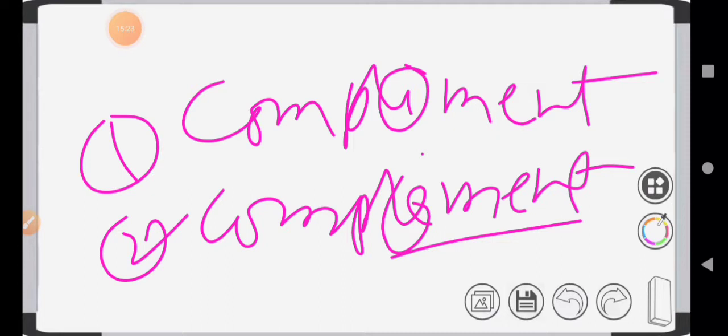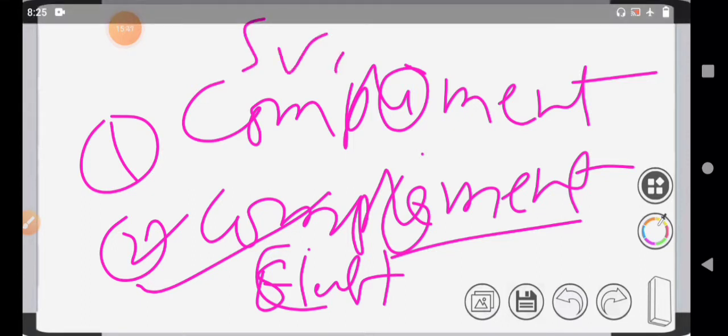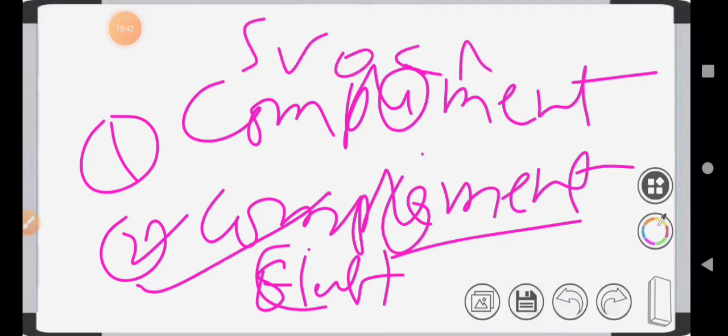But what is the meaning? Grammatically, it is one of the five basic elements of language: subject, verb, object, complement, adjunct. Complement, spelled COMPLEMENT, is one of those elements. But what about that complement?